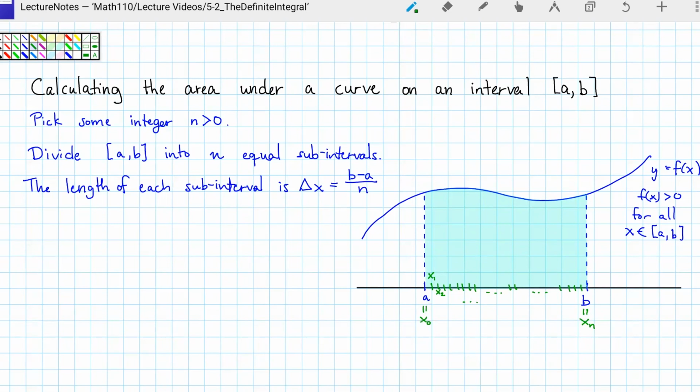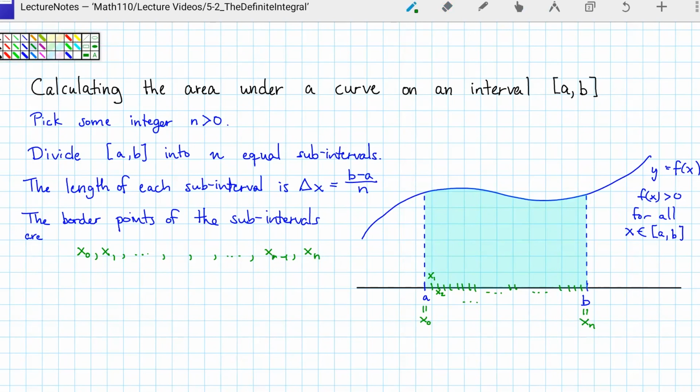Okay, so there are n subintervals. That means there's n plus 1 border points. So let me write that. The border points of the subintervals are x0, x1, dot, dot, dot. I'm going to leave a couple in the middle. xn minus 1 is the second to last one, and x sub n is the last one.